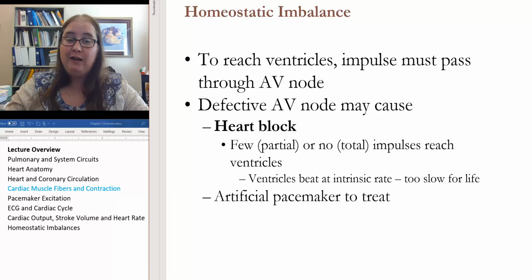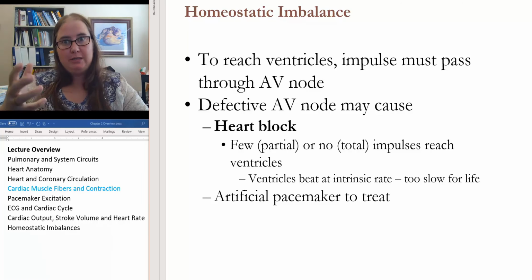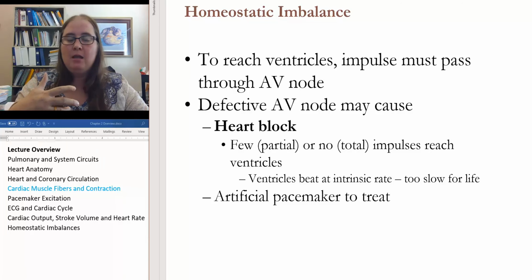No, right? So this is known as a heart block, and there are different degrees of heart block. Sometimes it's not a complete failure, which is what you ideally want. If you're going to have an SA node or an AV node go bad, you want at least some signal going through so that your heart still contracts. So if you have a total heart block, that means your ventricles will never get the signal.